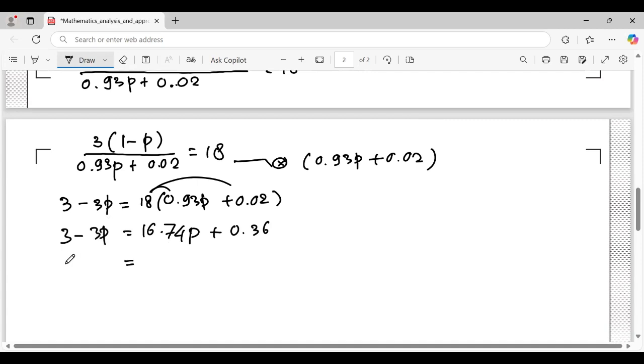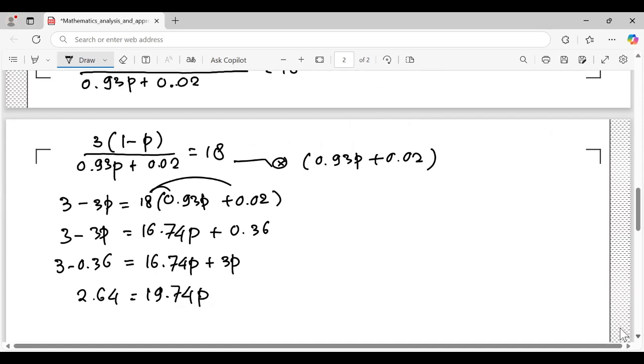After that, I would like to write 3 minus 0.36 on one side, and 16.74P plus 3P on the other. So it becomes 2.64 equals 19.74P.